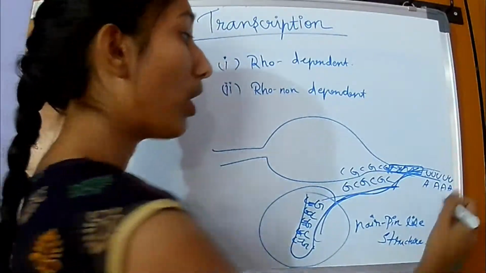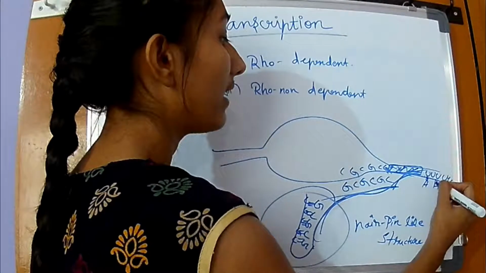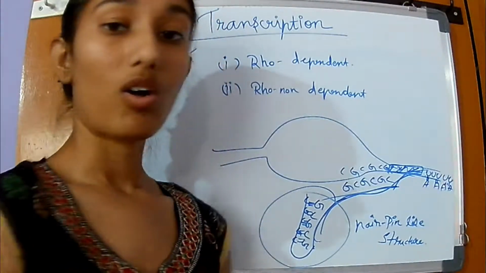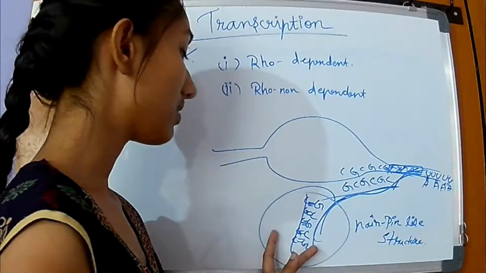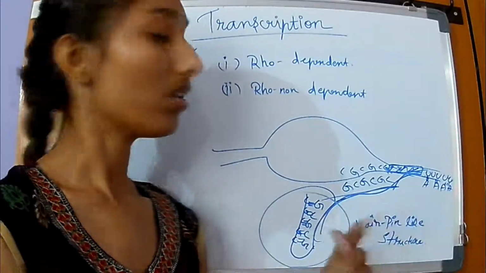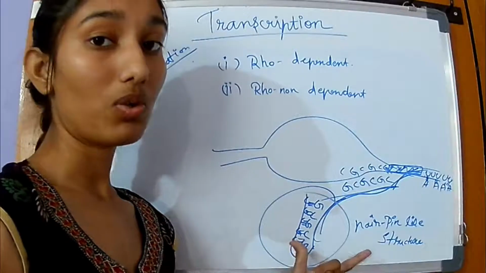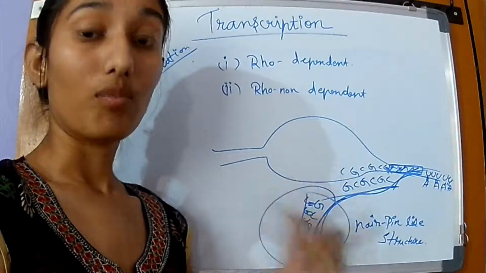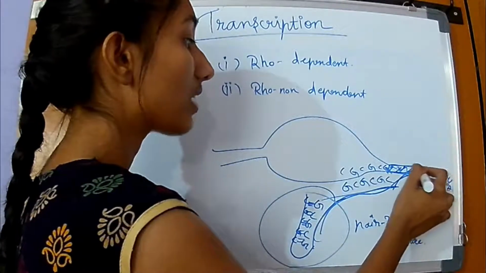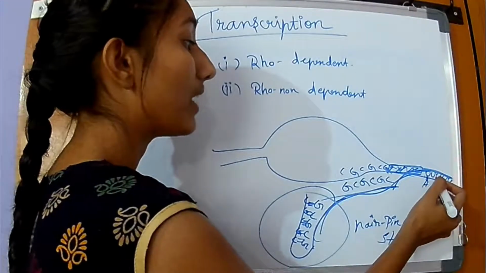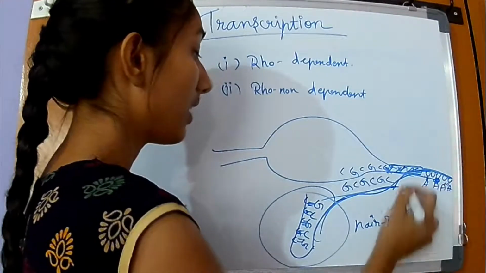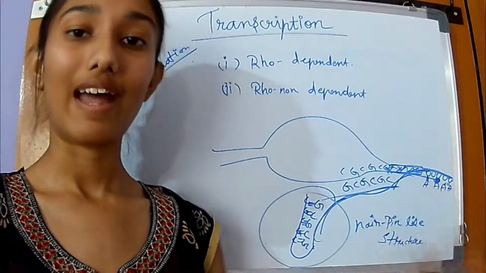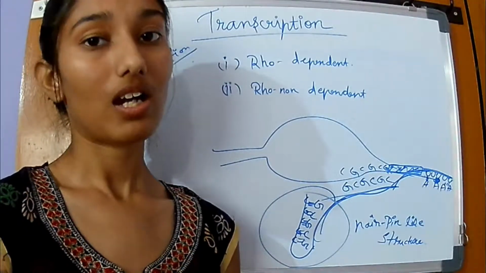Now, as you know, the bond between U and A is of 2 hydrogen bonds and this is of 3 hydrogen bonds. The stronger is this. Because it has more power, it grabs out this mRNA from the template and separates these 2 bonds, and termination happens and the RNA comes out.